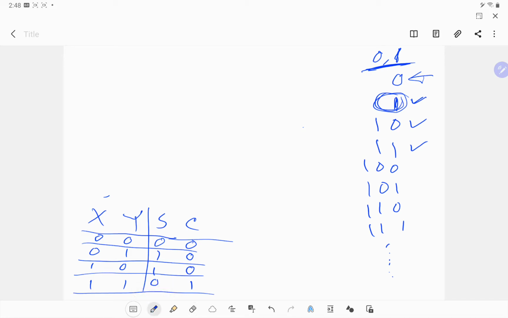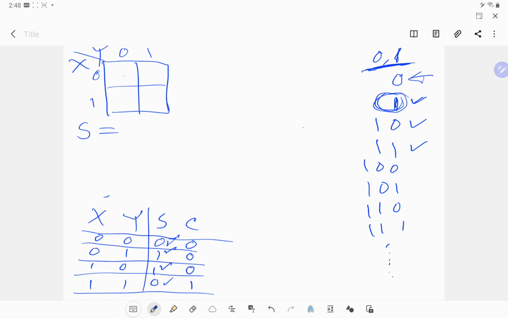functions. Okay, so for S, we need a truth table of two variables only, X, Y, and this is for S. So for S we have 0 0 1 1 0, so 0 1 1 0, and we want to find the maximum number of ones which are consecutive and symmetric.